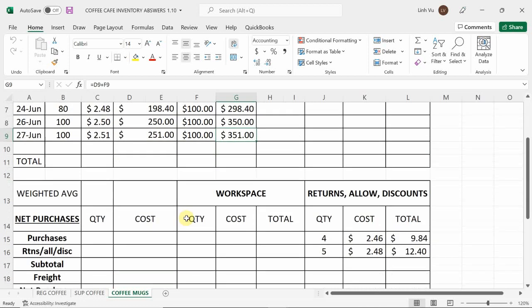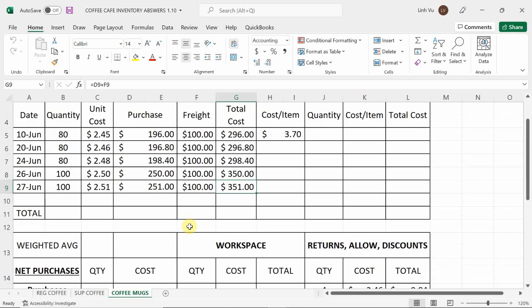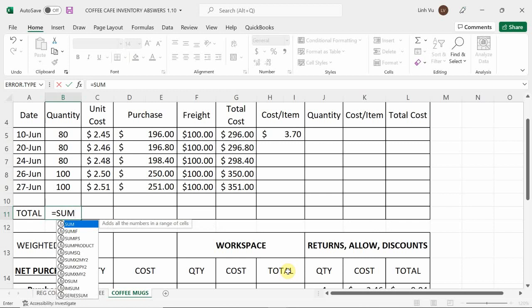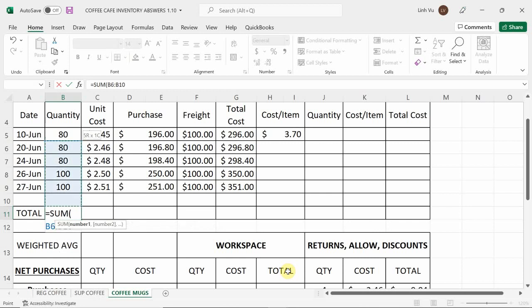How do I calculate my periodic inventory? You'll start by adding all the quantities together, and the purchase and freight. Excellent. We're going to go ahead and tally up our totals. So in this case, how many coffee mugs did I make a purchase of? 440.